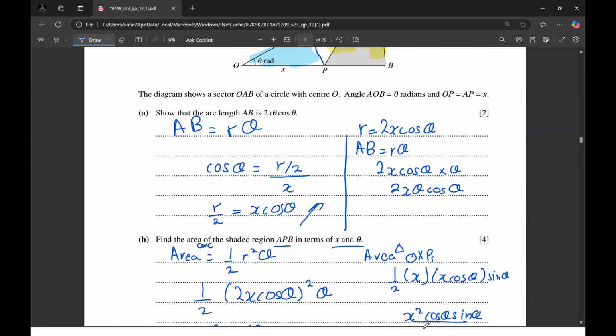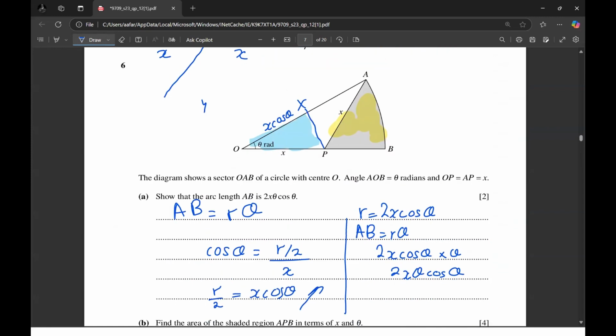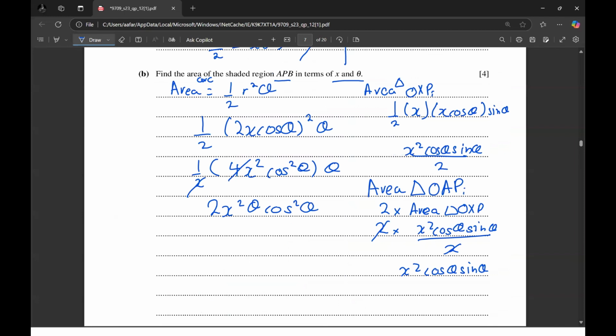And now finally the area of the shaded region: the area of the whole arc minus the area of the isosceles triangle. So area of shaded region is 2x squared theta cos squared theta minus this x squared cos theta sin theta.